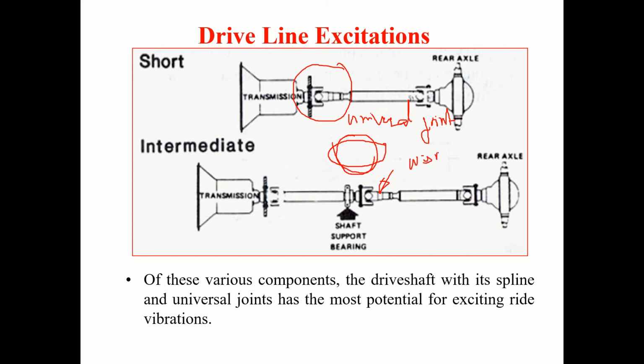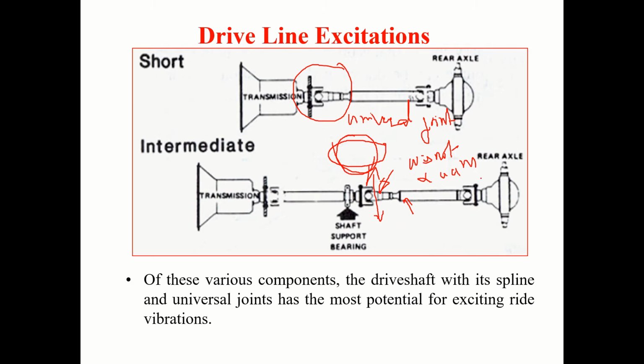And if omega is not uniform, then automatically alpha, that is angular acceleration, comes into the picture. If there is acceleration, then there is going to be a force. These forces create excitation. We call that driveline excitations.